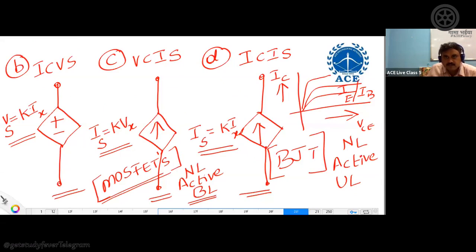Is it clear? Try to understand these points carefully.